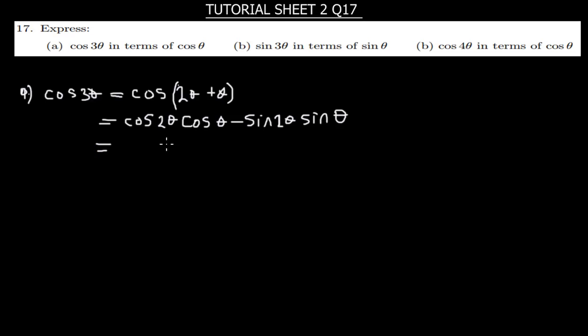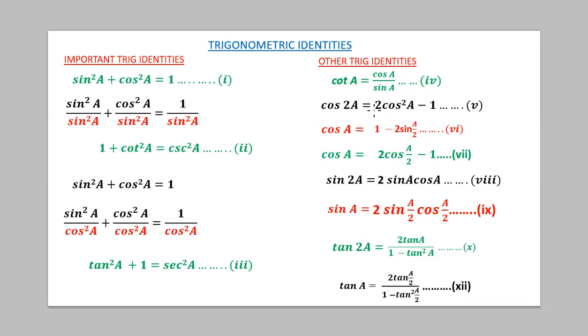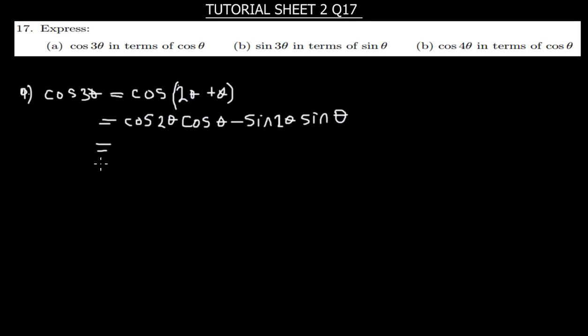Then the next step is to change this cos 2 theta in terms of cos again. How are we going to do that? Simple. We know that cos 2A is just the same as 2 cos squared A minus 1.